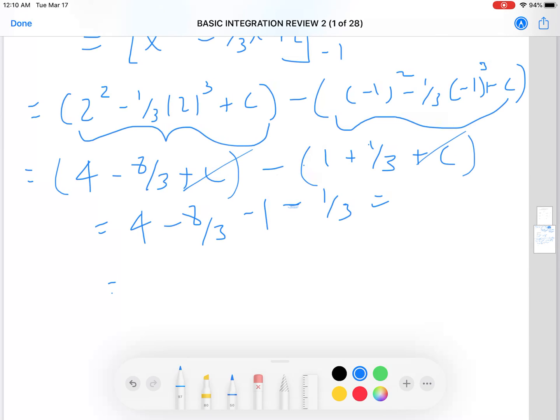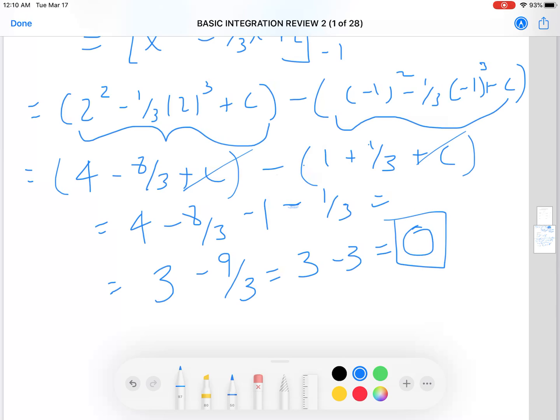And then we just combine. So I got 3, and then minus 8/3 minus 1/3 is minus 9/3. So it's 3 minus 3. And that's going to get us perfectly at 0. Love it when things work out that elegantly.